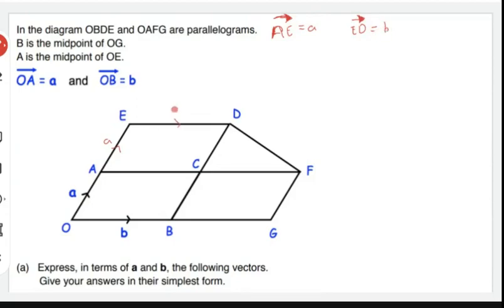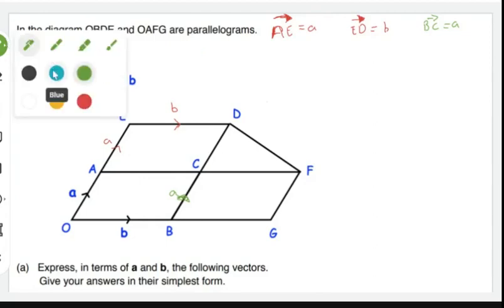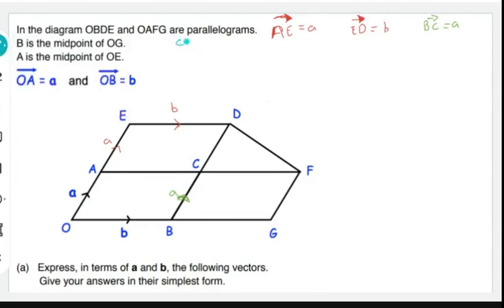And then are there any other vectors that you can tell me? B to C is one. Yeah. What is that? a. Yep. What else? C to D. Is that a? Yeah.